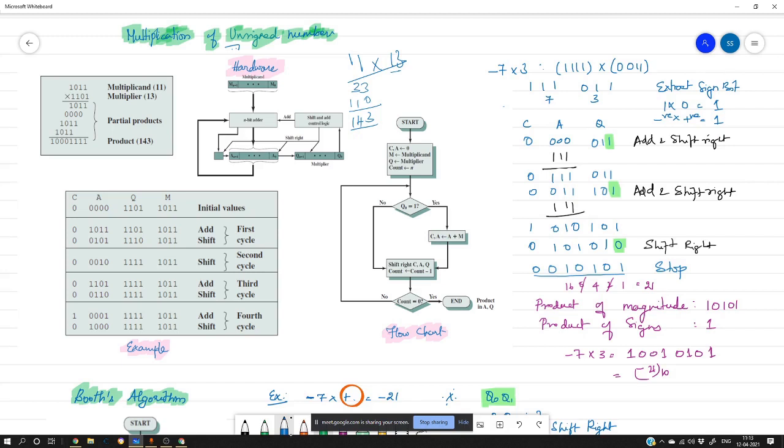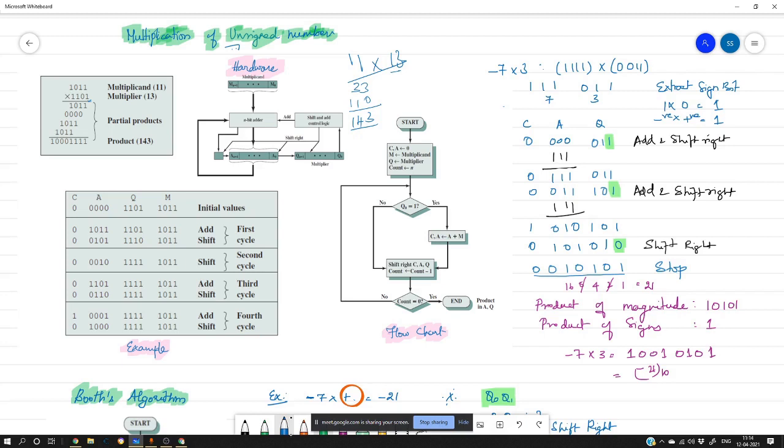Now we take the LSB. This 1 is considered, and you multiply this 1 with every bit of the multiplicand. If you have 1 in the multiplier bit considered for multiplication, we simply take the multiplicand into the partial product. I hope this is easy and understandable.